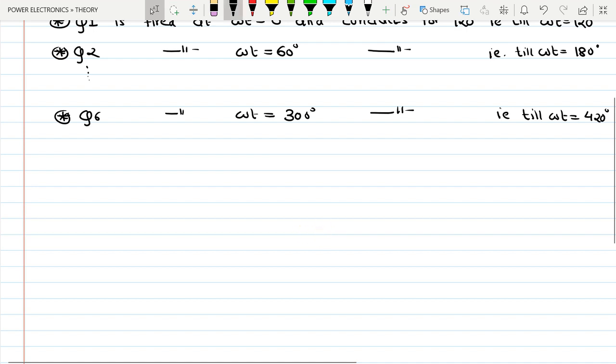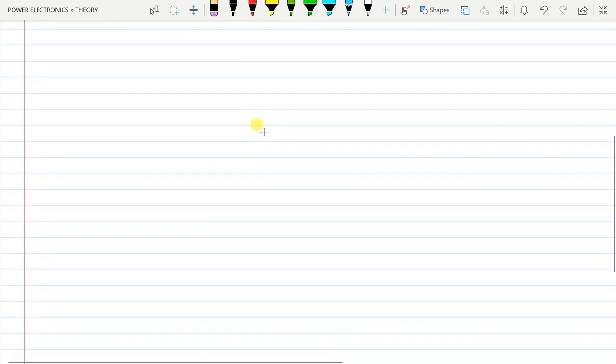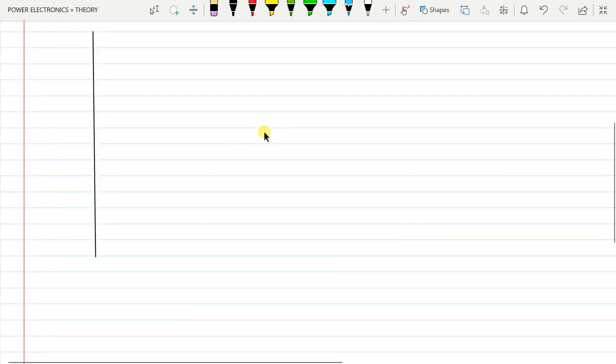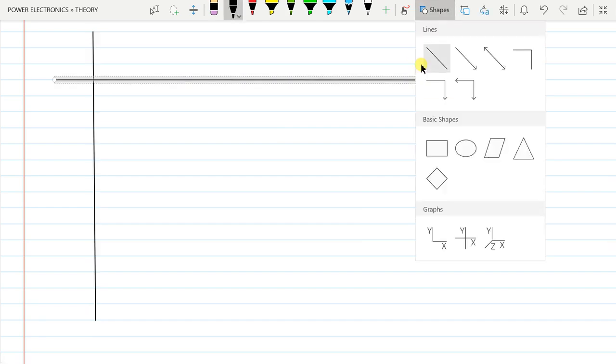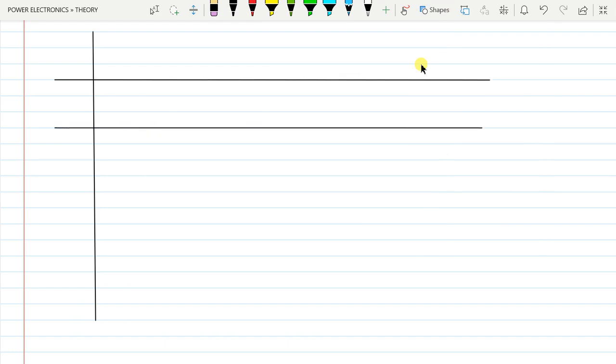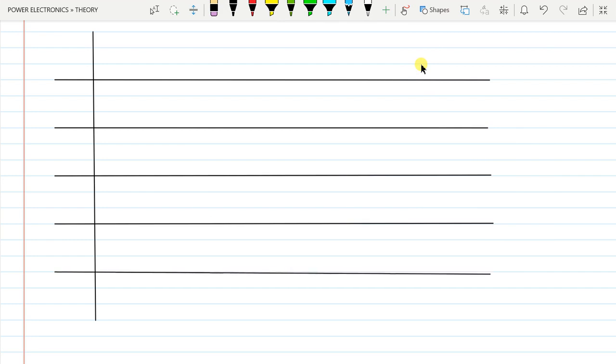So drawing the firing waveforms: Q1, Q2, Q3, Q4, Q5, Q6.